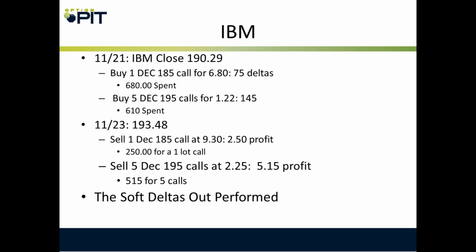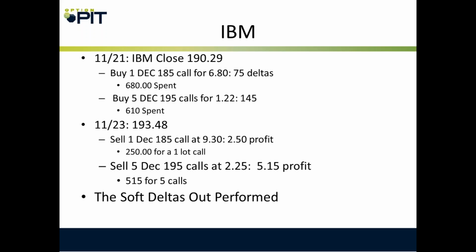Not bad. Good job. Never gonna give anybody trouble for making $250. But take a look at my 5 out of the money calls. They make over $1 in profit. I make $515 on my 5 calls. That's almost 100% in 2 days.